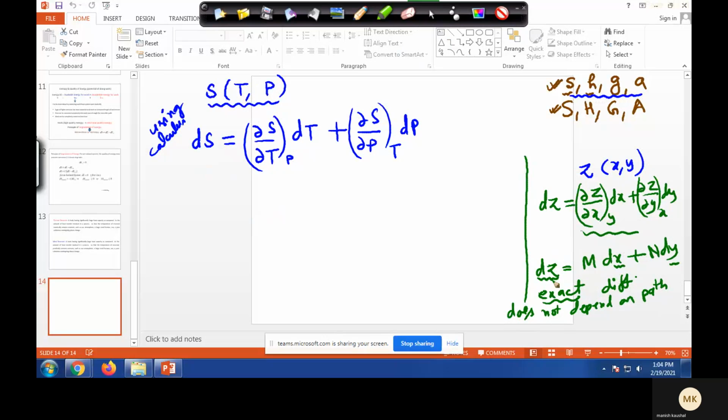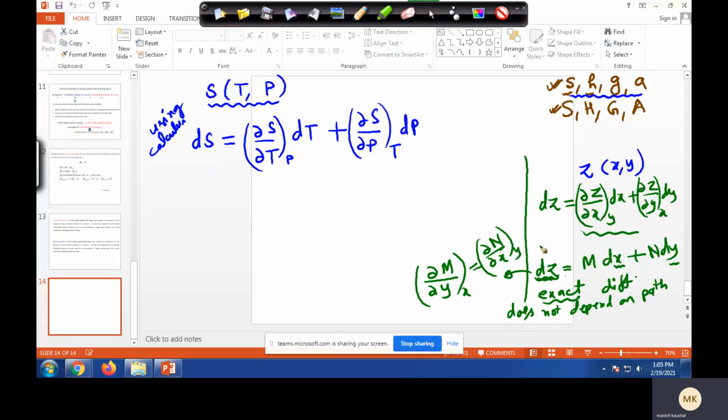So if this z has to be a state variable, in order to have dz an exact differential, this criterion must get satisfied. For proof you can see that assignment solution. In one of the assignments it is given dou M by dou y at constant x should be equal to dou N by dou x at constant y.